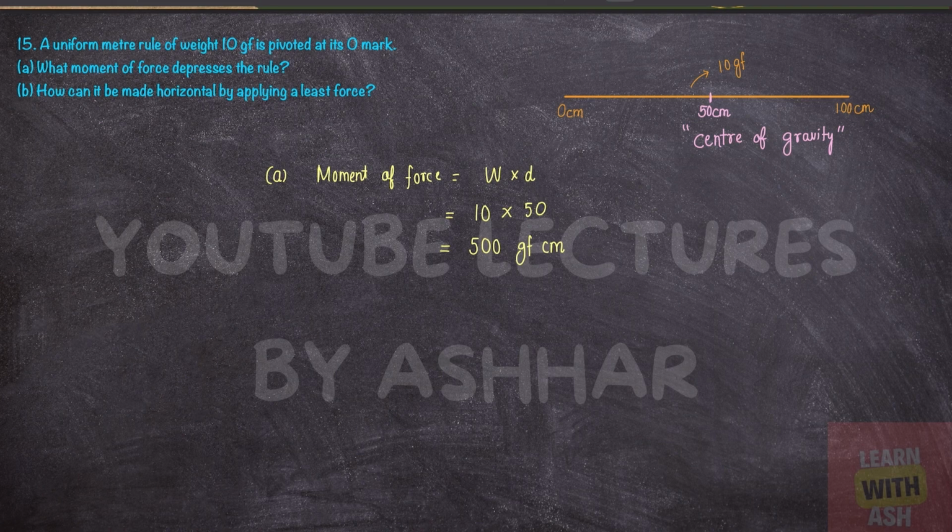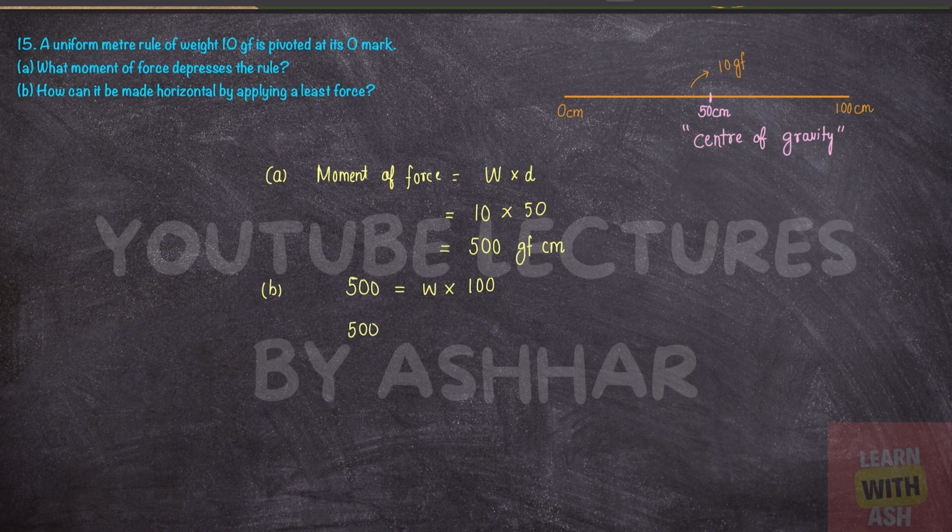Now they are asking us how it can be made horizontal by applying the least force. The fulcrum, or the pivot point, was over here. So by logical sense, I have to put a force right over here, otherwise it will just fall off. So I can write that 500 should be equivalent to the weight multiplied by the distance, which is 100 centimeter.